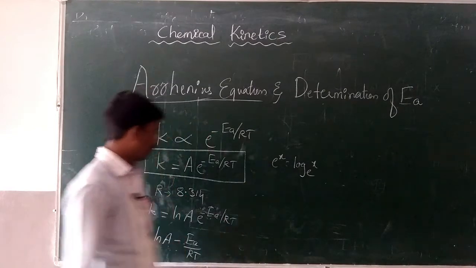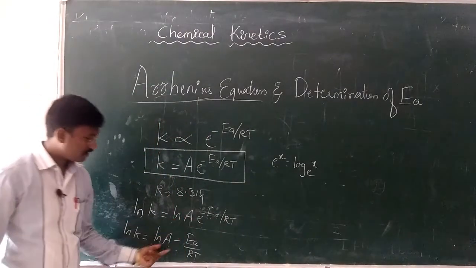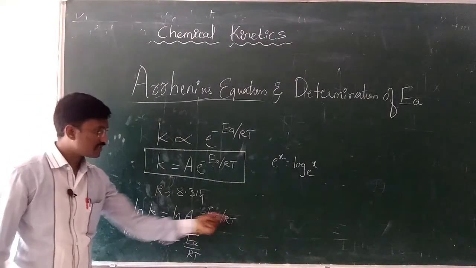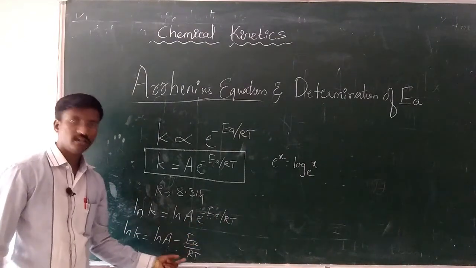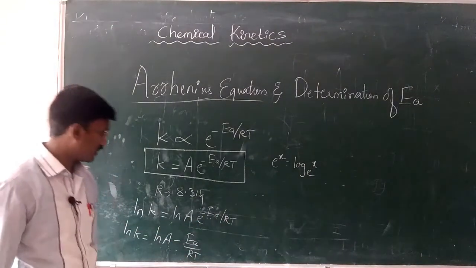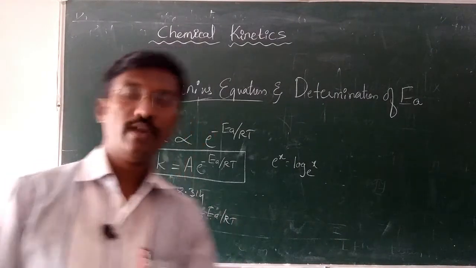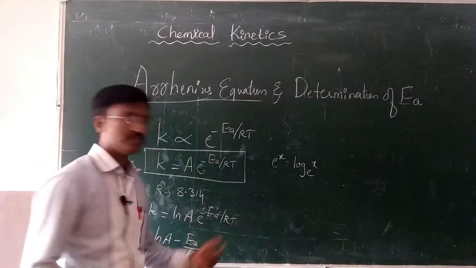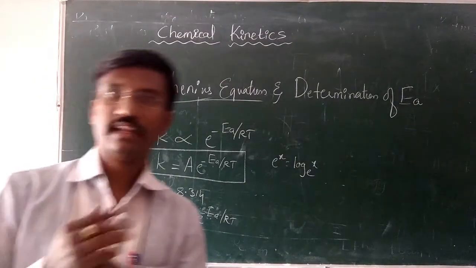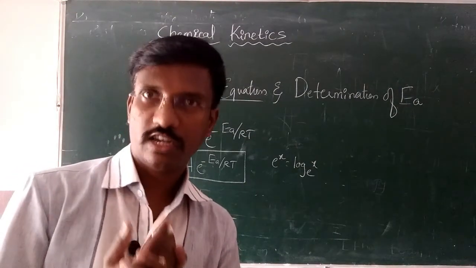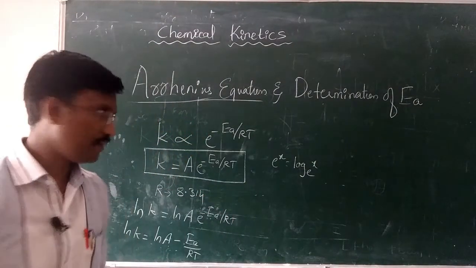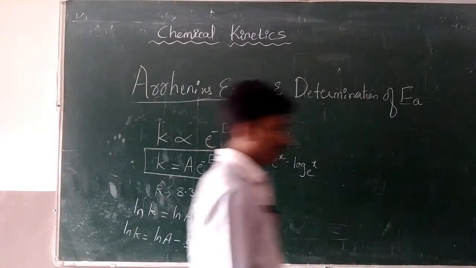This is how I have written here: ln A e raised to minus Ea upon RT. That base e is understood, so we do not represent it. When converting this ln to log, we represent ln by multiplying by 2.303, as we did in the previous classes.